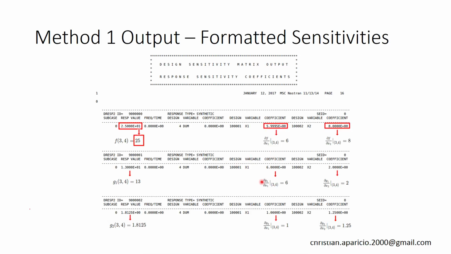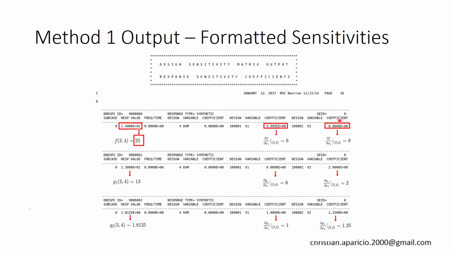In the next row, this is where you find the partial of G1 with respect to x1 at 3, 4. You should get a value of 6, and this is what MSC Nastran reports. And then the same thing for the next row, partial of G2 with respect to x1 gives you 1, and this is what MSC Nastran reports.